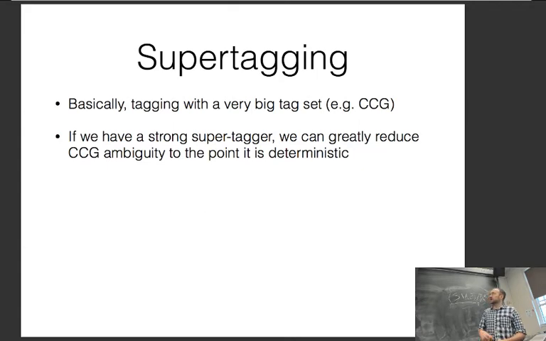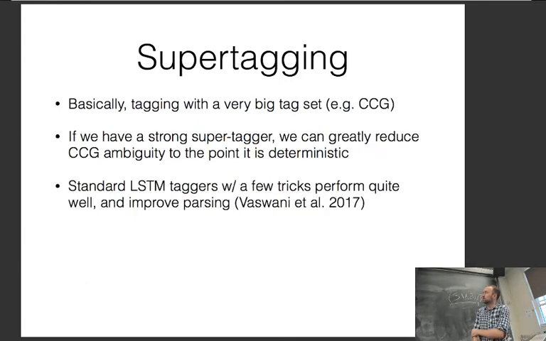But basically, as I said before, we have very strong syntactic constraints once we know our tags. So if we can generate those tags very accurately, we can reduce our syntactic parse candidates to one if we can predict the tags 100% accurately. So this is very, very effective at helping CCG parsing become more accurate.